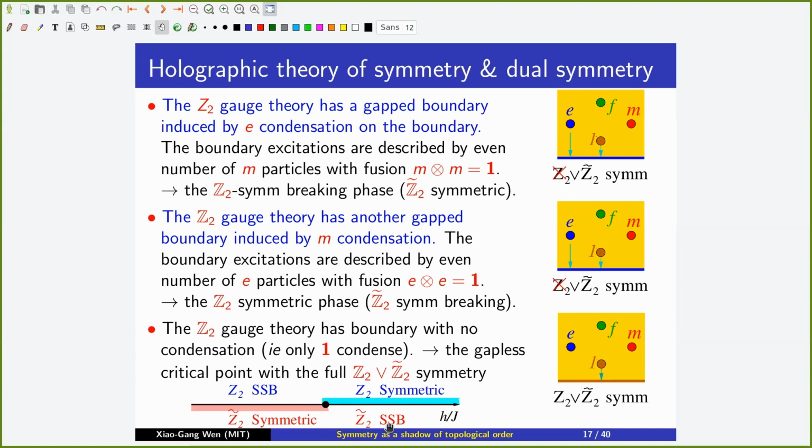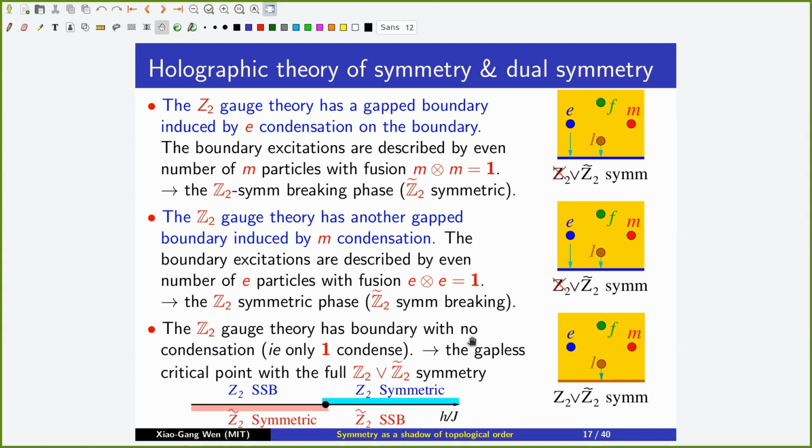Again, this is a very general feature: different phases come from different condensations. So we can change our classification of phases into a classification of condensed algebras. Within this categorical symmetry picture, we can really obtain what can condense together.